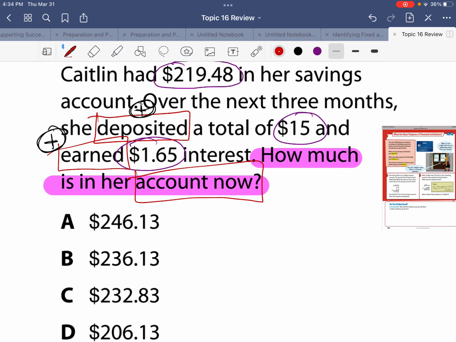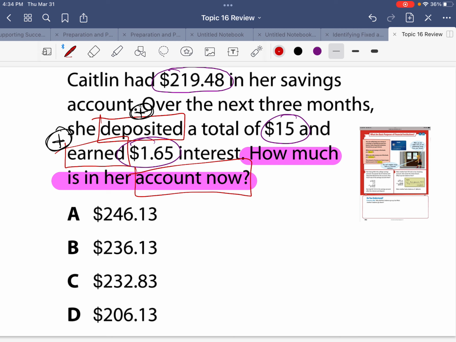Okay? So you can either break it apart or you can add them all at once. So I'm going to do $219.48. I'm going to do $15. Remember, if there's no decimal, you put it at the end of the 5 because you're saying you have $15 and 0 cents.